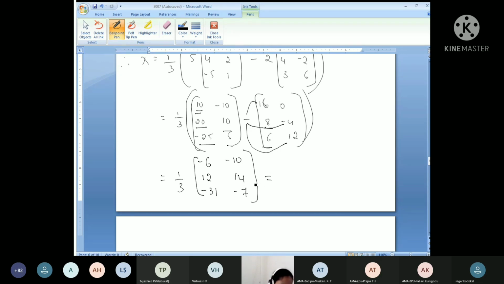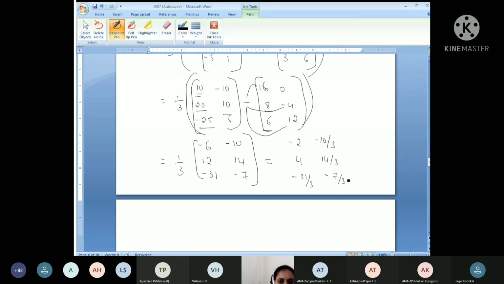Now you take 1 by 3 inside the matrix. Minus 6 by 3 is nothing but minus 2. This is minus 10 by 3. 12 by 3 is nothing but 4. 14 by 3. Minus 31 by 3. Minus 7 by 3.